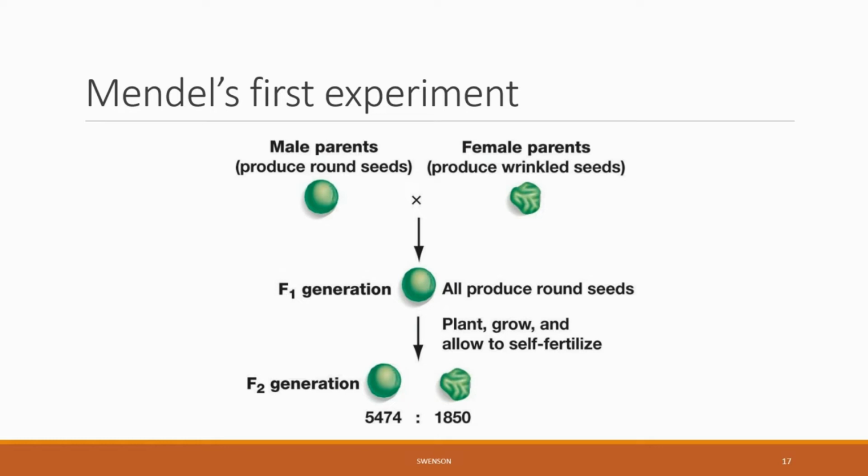Again, if the generative fluid hypothesis were correct, we would expect to see F1 seeds to be somewhat smooth, but not as wrinkly as the wrinkled parents. And we certainly wouldn't expect the second generation to have seeds wrinkly like the female parents in the beginning and smooth like the male parents in the beginning. So what is going on here?